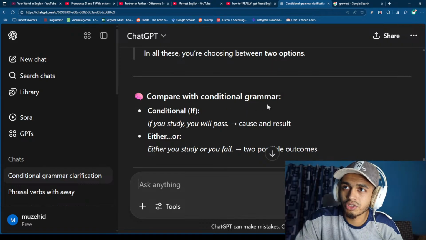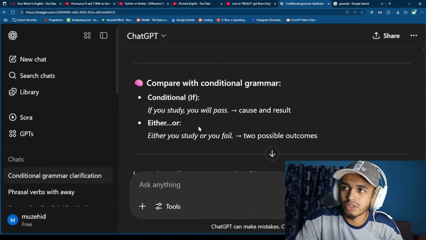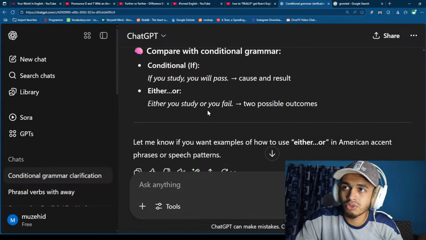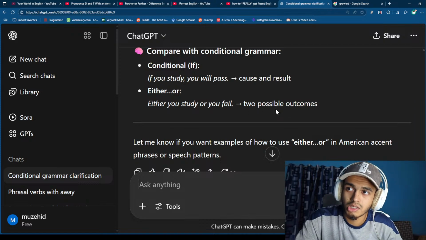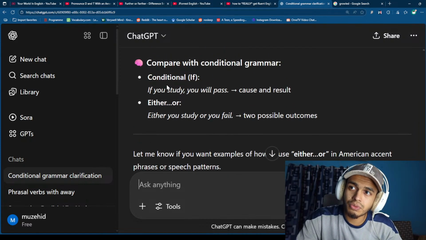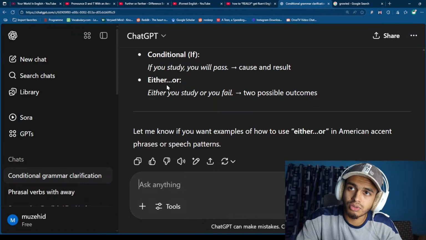Comparing with conditional grammar. Conditional: if you study, you will pass, cause and result. Either you study or you fail, two possible outcomes. Let me know if you want examples of how to use either or in American accent phrases or speech patterns.